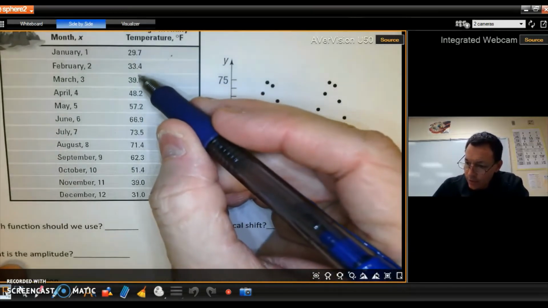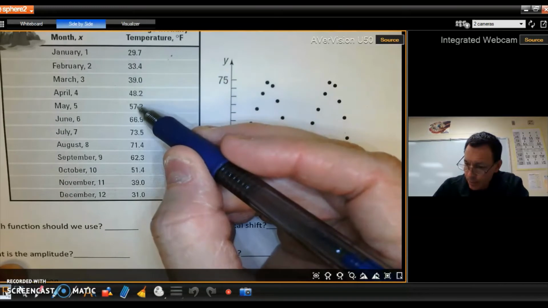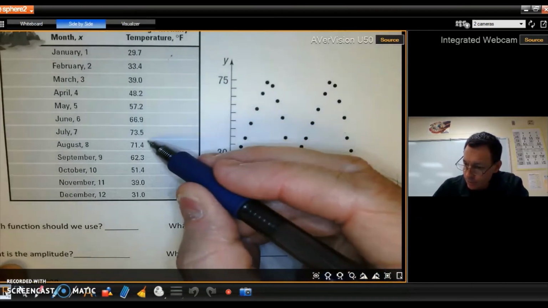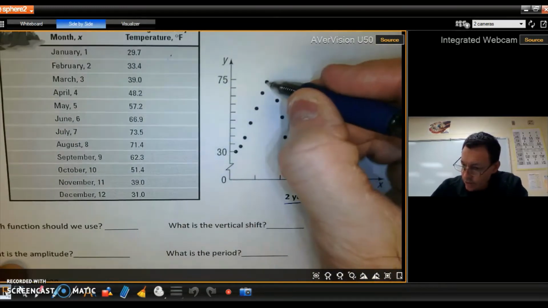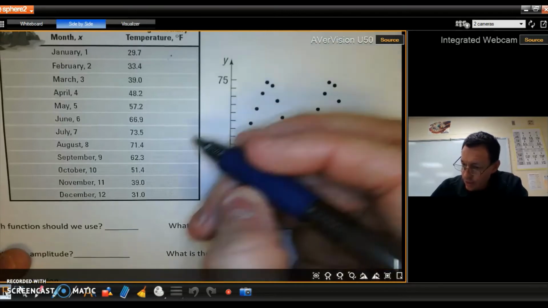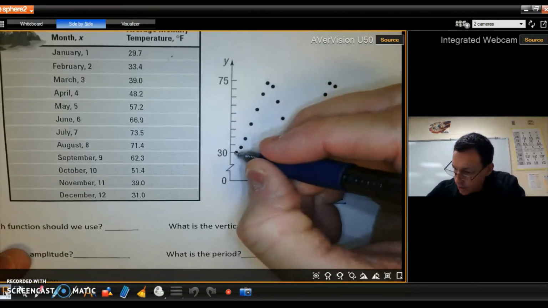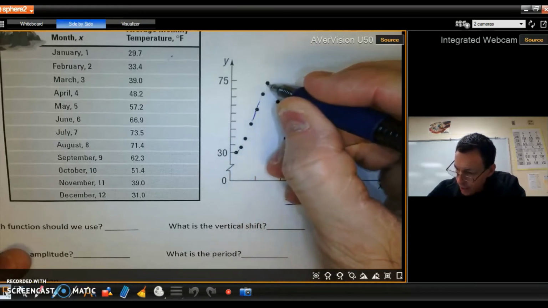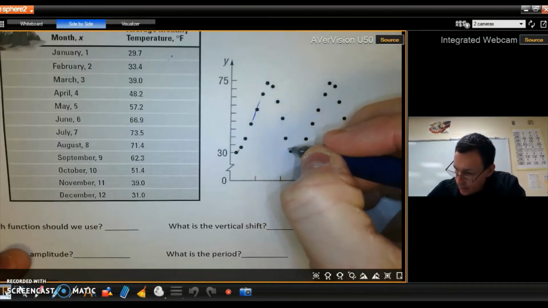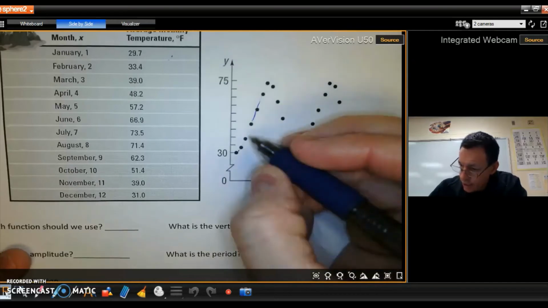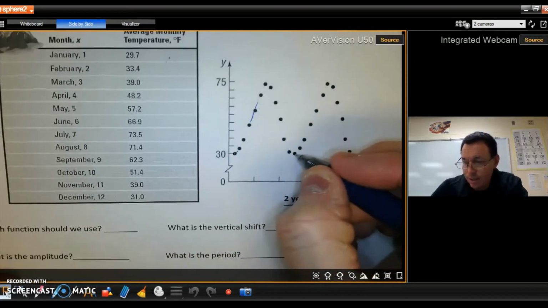And then the temperature is going up, up, up, to a high of around 73, and then it starts to go down again. Okay, so here is our graph, and this would be one cycle. It starts at a low and it ends at a low.